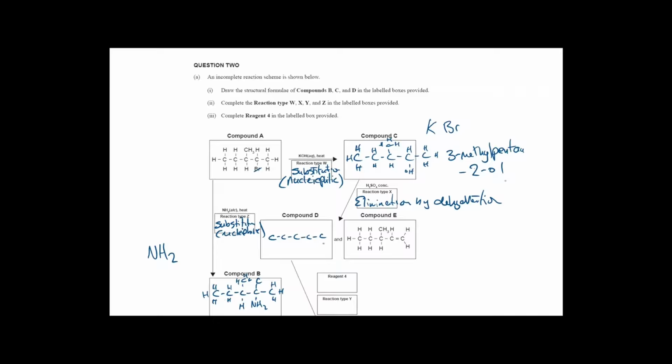Carbon, carbon. And then there is this sort of rogue carbon there, which is the same as this one here. And we're going to need a double bond here, aren't we, to make it an alkene? Yes.